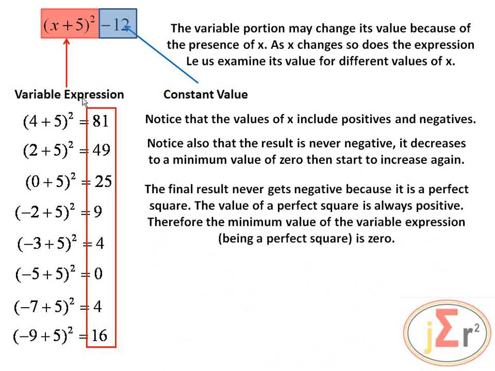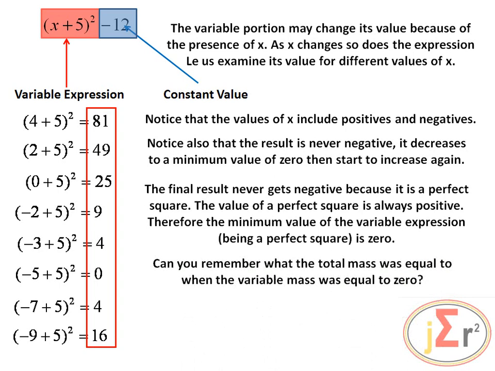The final result never gets negative because it is a perfect square. The value of a perfect square is always positive. Therefore, the minimum value of the variable expression, being a perfect square, is 0. Can you remember what the total mass was equal to when the variable mass was equal to 0?